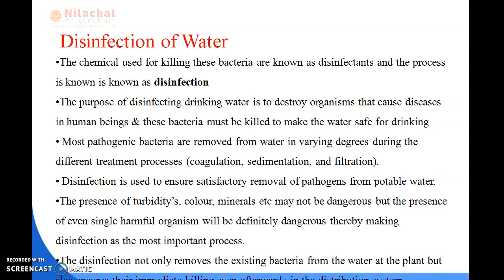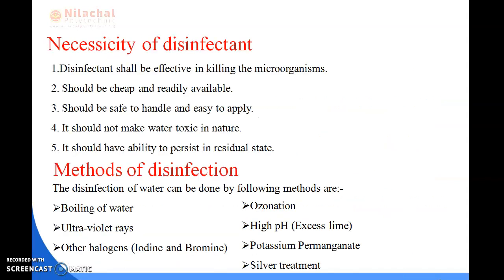Most pathogenic bacteria are removed in varying degrees by the different processes we have already read. Disinfection not only removes the bacteria but also has a killing effect afterwards in the distribution system. Next, in the next slide, we will discuss the necessity of disinfection. Thank you.